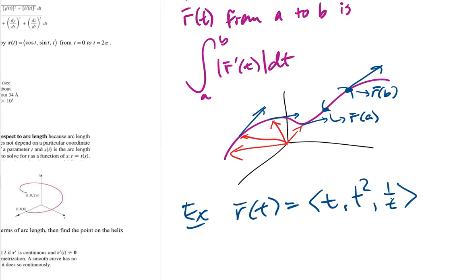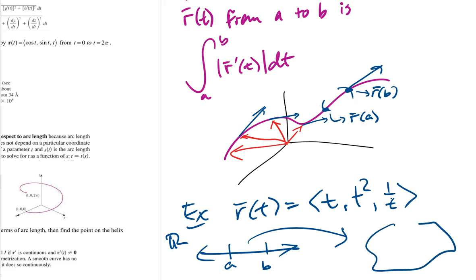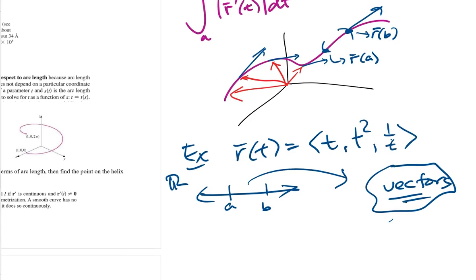Then t comes from the real line. We're just going to pick numbers on the real line, and there's an A and then there's a B in there. And then that is mapped to our vector space. So a bunch of vectors, and these vectors form the space curve, one of which I have drawn up there.